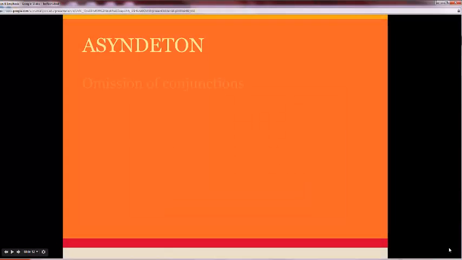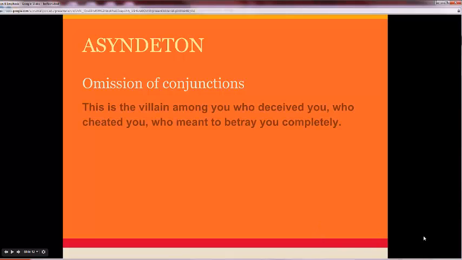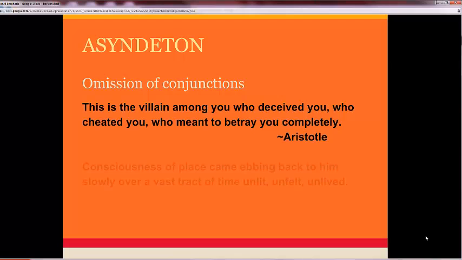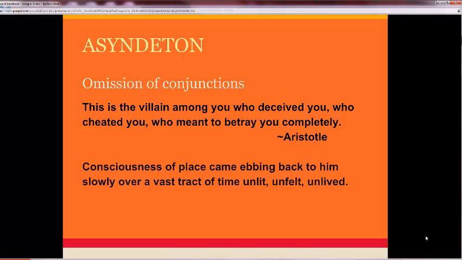Conversely, asyndeton is the omission of conjunctions from a series. Aristotle, in his work Rhetoric, wrote, "This is the villain among you who deceived you, who cheated you, who meant to betray you completely." James Joyce wrote, "Consciousness of place came ebbing back to him slowly over a vast tract of time, unlit, unfelt, unlived."